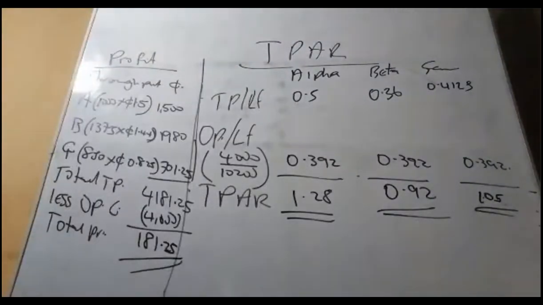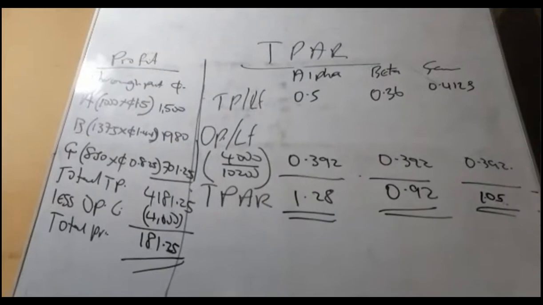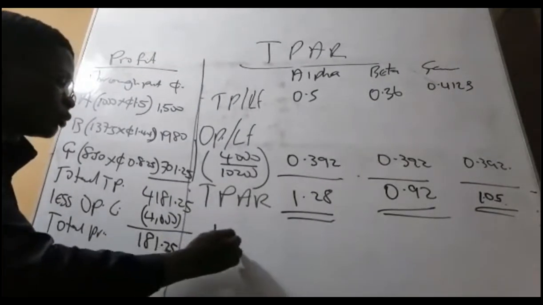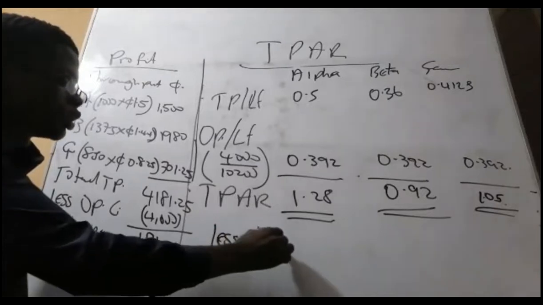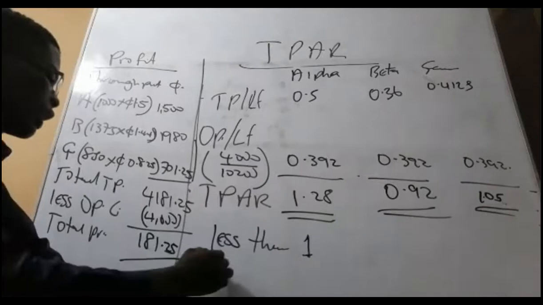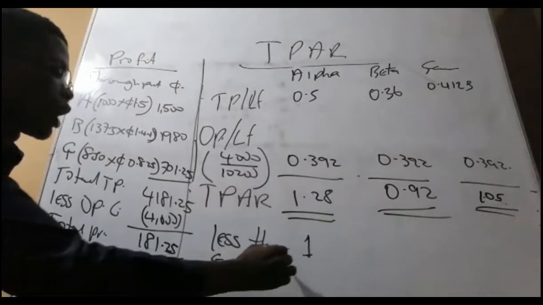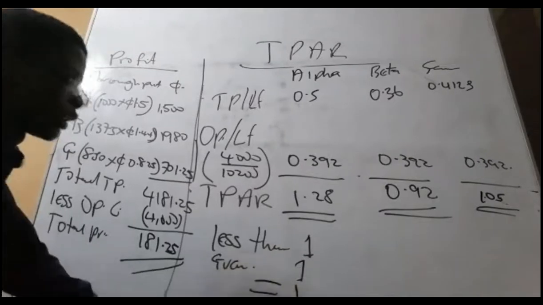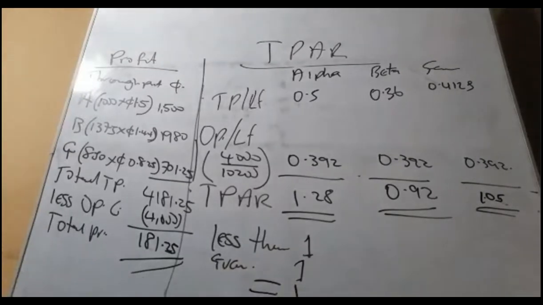Now the interpretation. We said that if you calculate the throughput accounting ratio, three things can happen. Either the answer will be less than 1, or greater than 1, or equal to 1. These are the three possible scenarios for the answer you are likely to obtain.